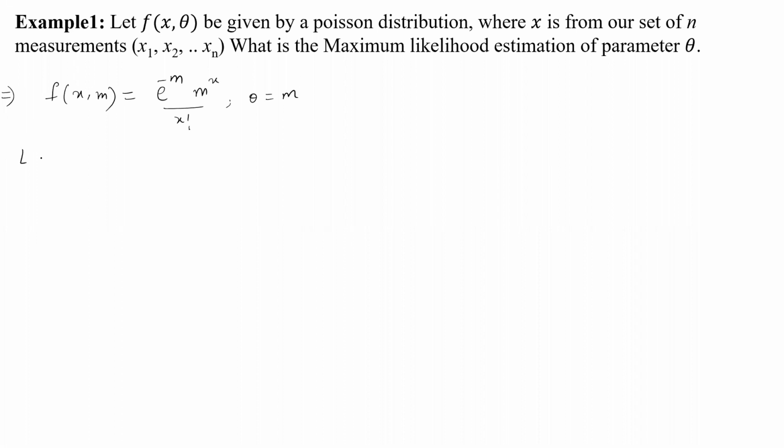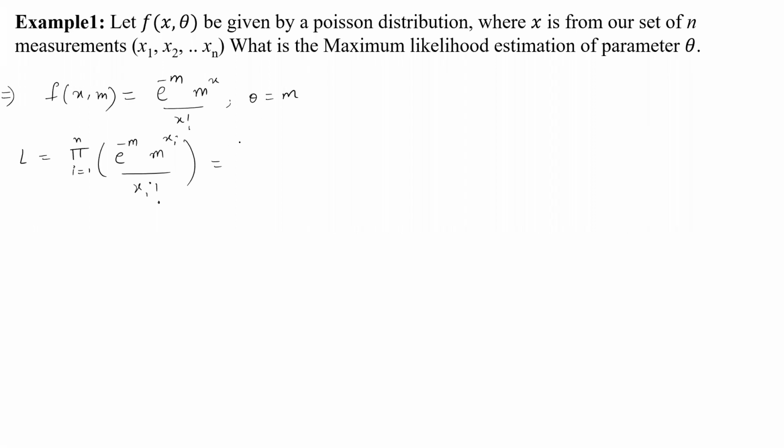Your maximum likelihood function will become the product for i equal to 1 to n, because you have to write this term again and again for x1, x2, x3 and so on. So this will be the product of e power of minus m, m power of xi divided by xi factorial.